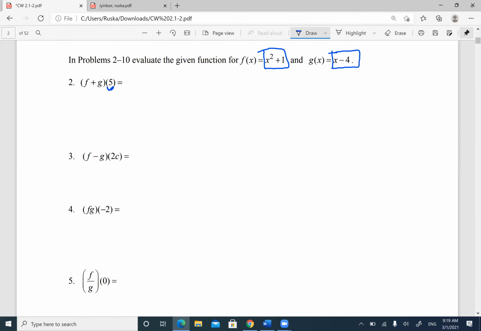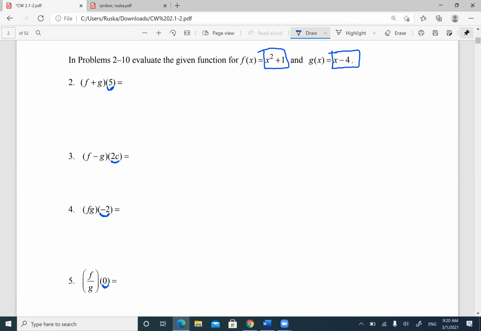For number 3, I have to do f minus g and replace x with 2. For number 4, I have to multiply, f times g, and replace x with negative 2. Number 5, it's dividing, f divided by g, and replace the x with 0.